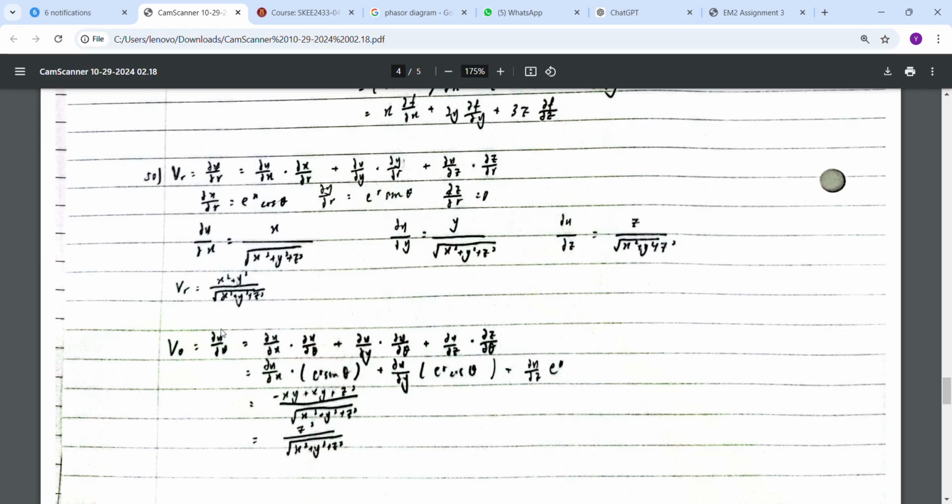So for the question of V delta, they use the same method.